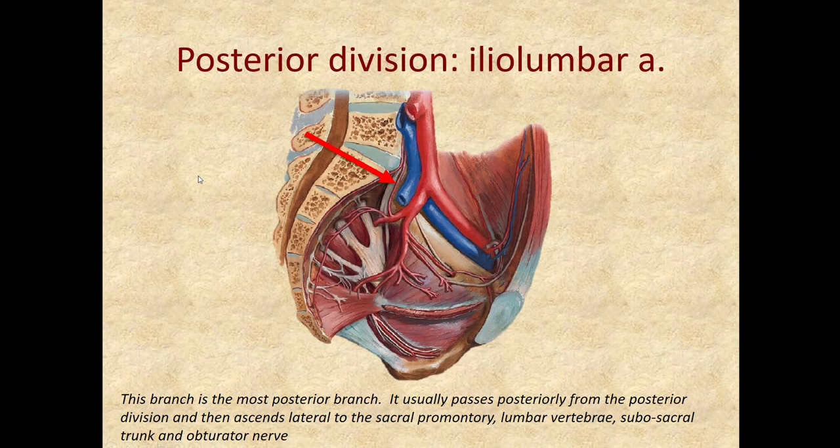The iliolumbar artery is easy to recognize because it's going to course upwards. The other arteries all go down and back, or down and forward. So the iliolumbar is easily recognizable because it moves medially and superiorly from the posterior division.